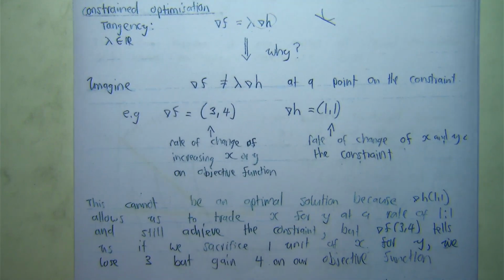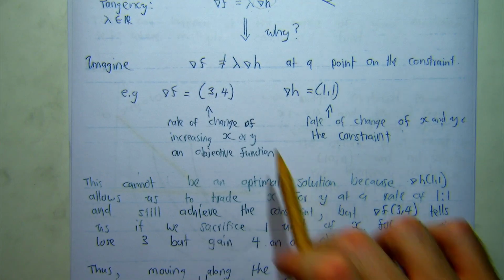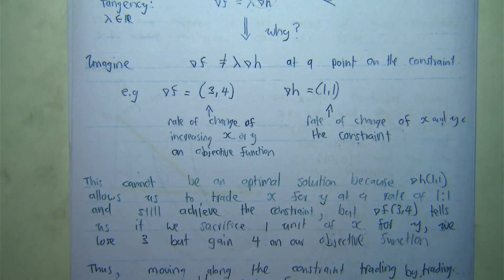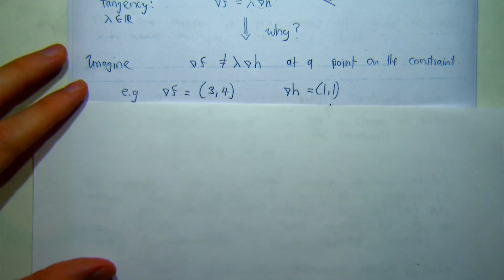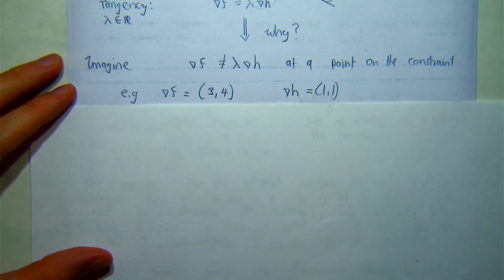Well, in addition to the graphical representation, we can talk about it intuitively as to why logically it makes a lot of sense that this is going to occur at the optimal solution. Imagine you had a scenario where grad f is equal to (3, 4) and grad h is equal to (1, 1).